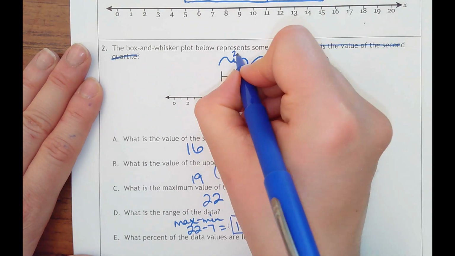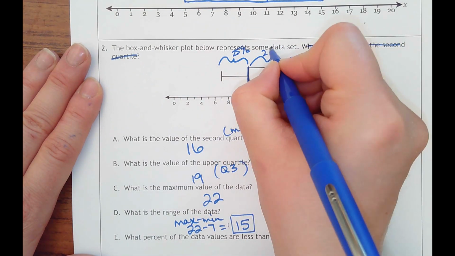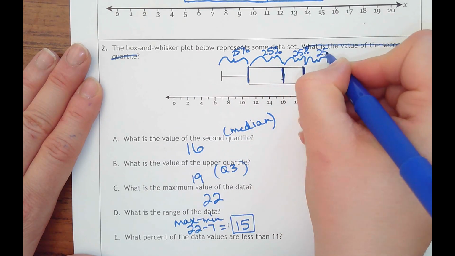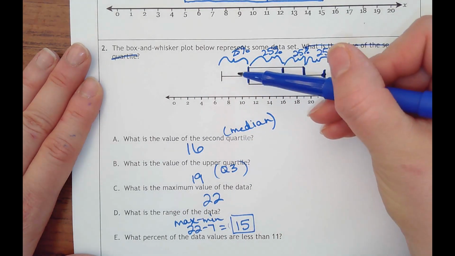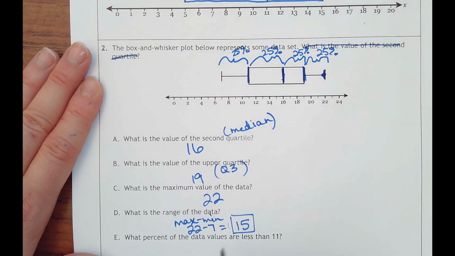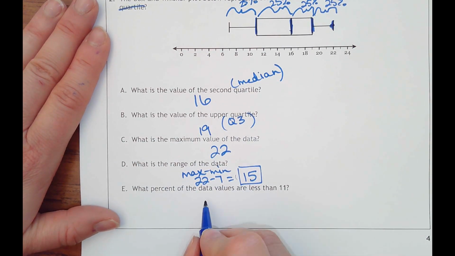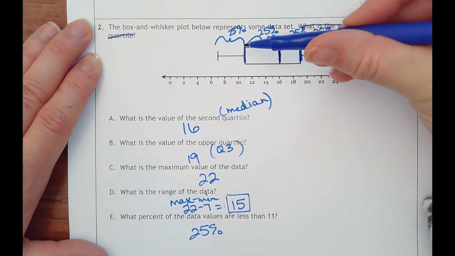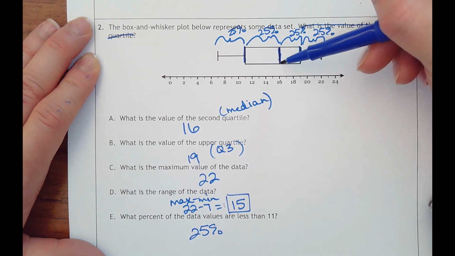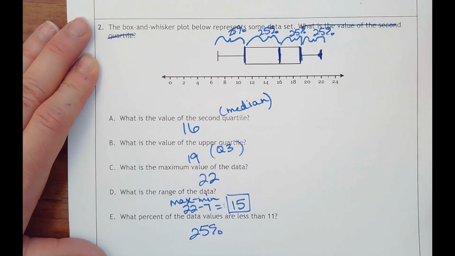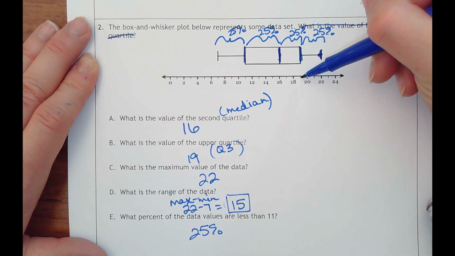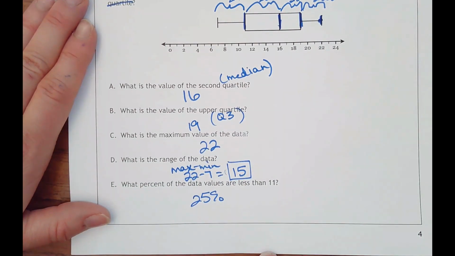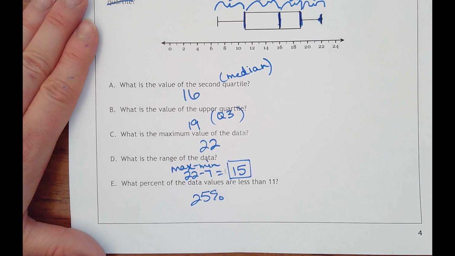So there's 25%, 25%, 25%, 25%. Okay, so this from less than 11 would be 25%. If they would have said less than 16, that would have been 50%. If they would have said more than 16, that would have been 50%. If they would have said less than 19, that would be 75%. So it separates it all into quarters, or 25%.